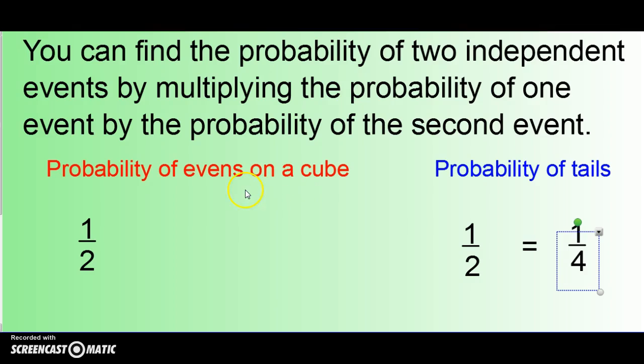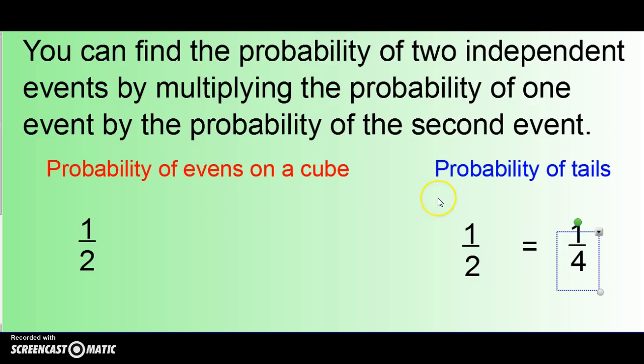So the first one is, what is your probability of getting evens? Well, on a dice, that would be the 2, 4, and 6. And 2, 4, and 6 are three different outcomes out of the 6 sides of a dice, 1 through 6. So you would say half of them on the dice are even. That's its own probability.